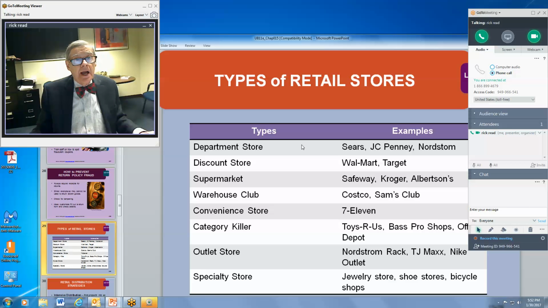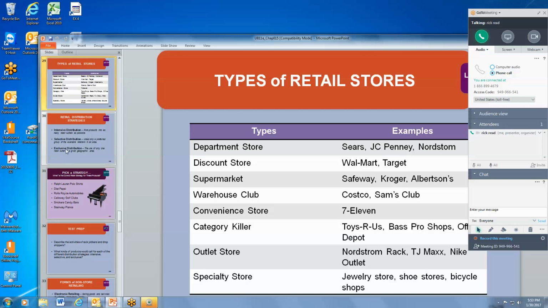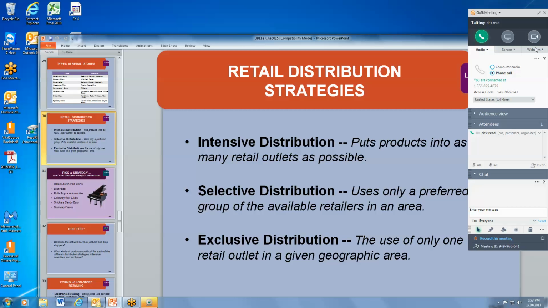These are the types of retail stores: department store, discount, supermarket, warehouse, category killer, etc. And as I say, we're going to see that changing as we go along.